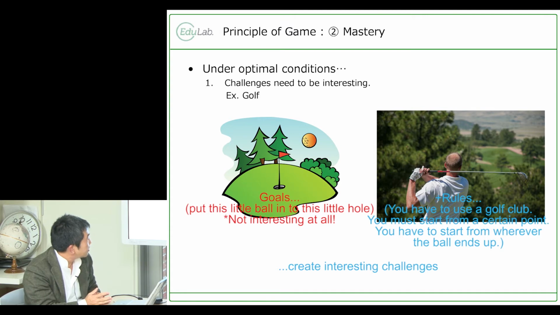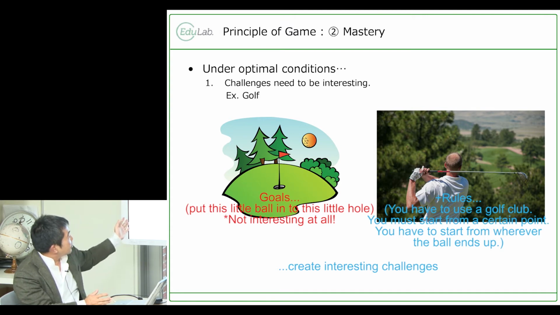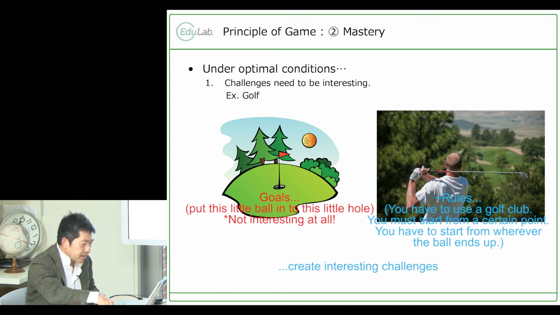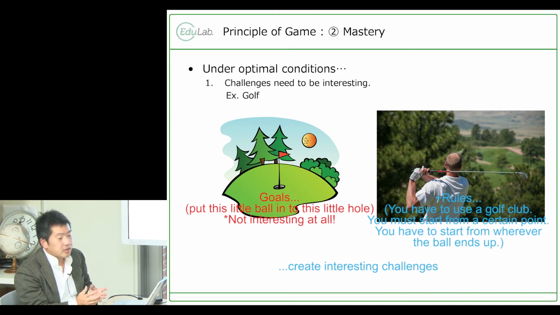So you need to have a rule to make things more engaging. In golf, the goal is to put this little ball into the little hole, but if you put a rule saying you have to use a golf club and you must start from a certain point and you have to start from wherever the ball ends up, this creates interesting challenges.